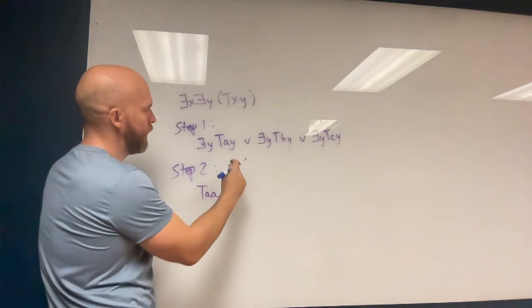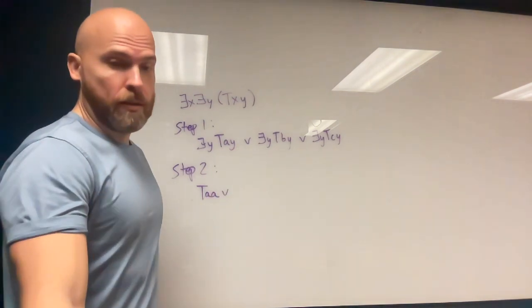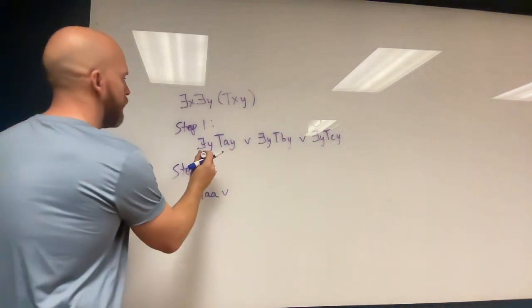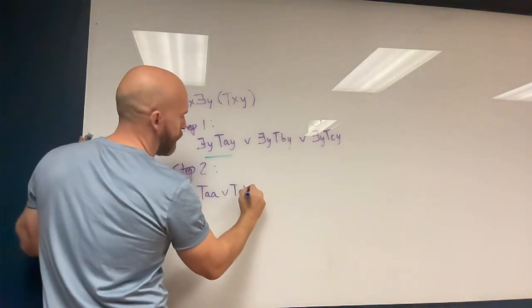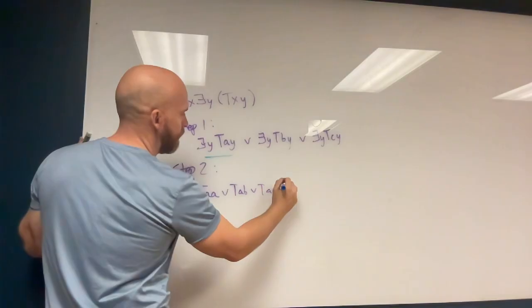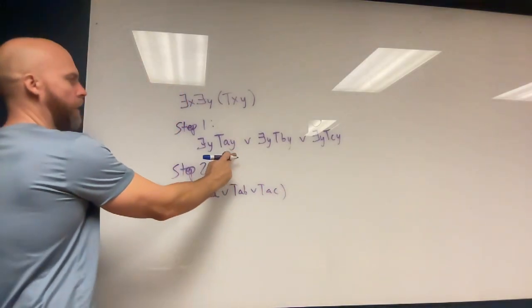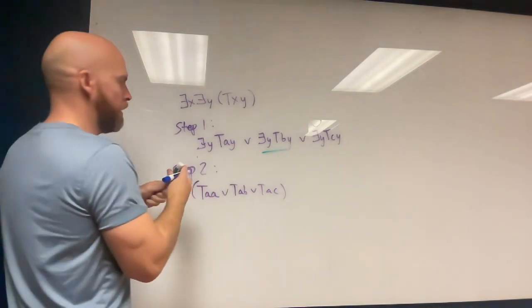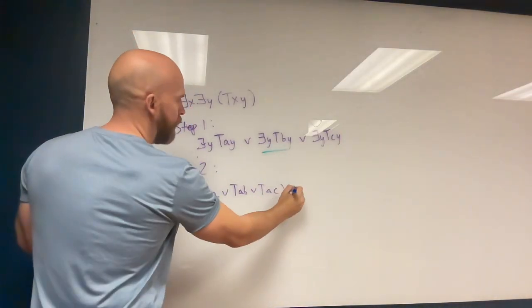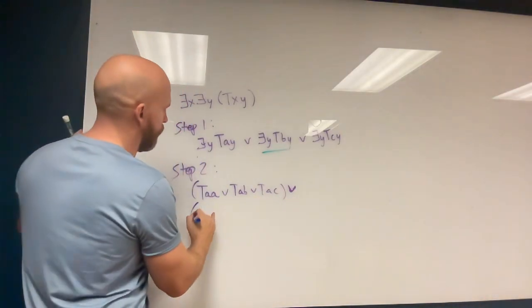TAA, or we're just going to stick with one by one. We're starting here. We've got to expand TAA or TAB or TAC. This is just for that one. Now we're going to move over here and decompose this. We're going to see some redundancy, no doubt.